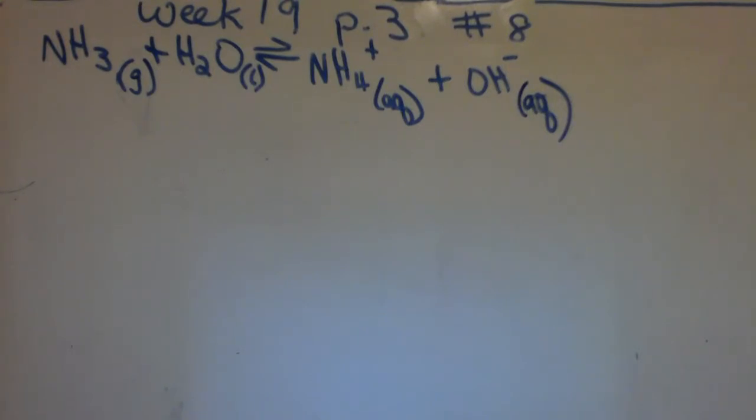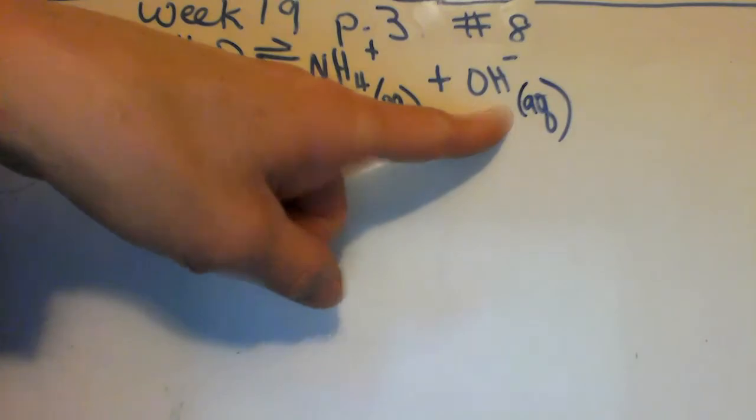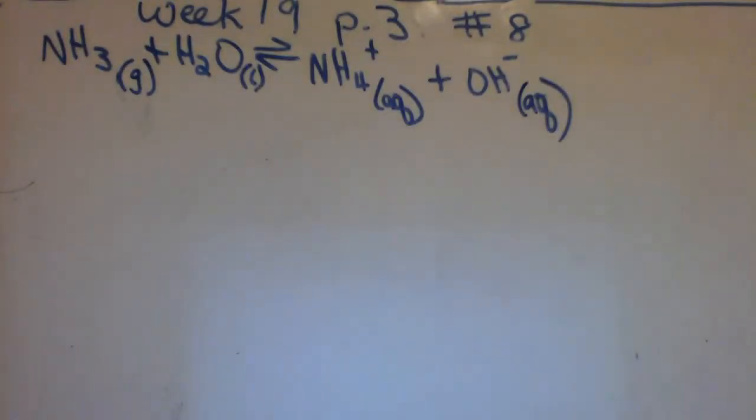Again, we have initial concentrations of the gas that's added to the water. We have the concentration at equilibrium of the hydroxide ion. So we're going to start by writing down the initial concentrations of ammonia and each of the ions.